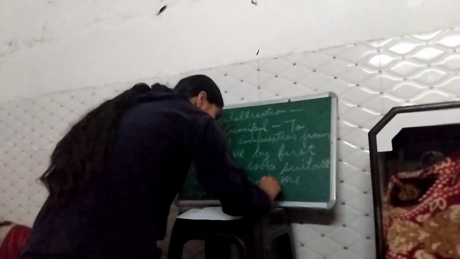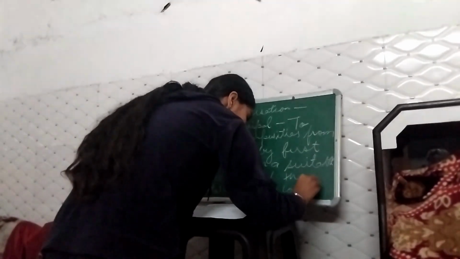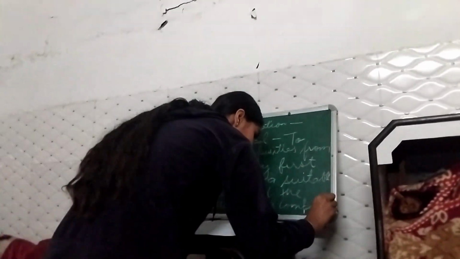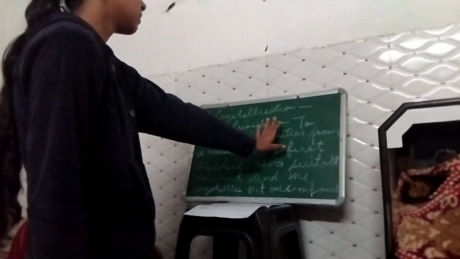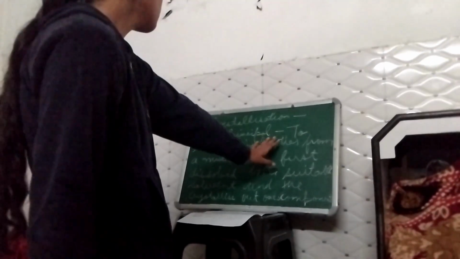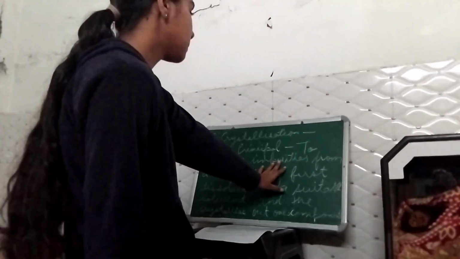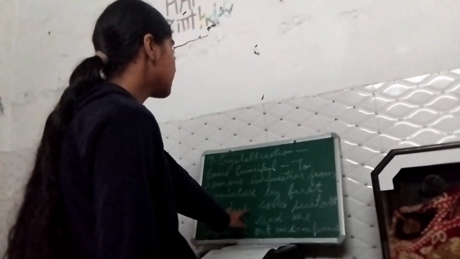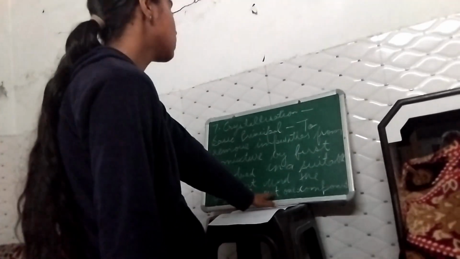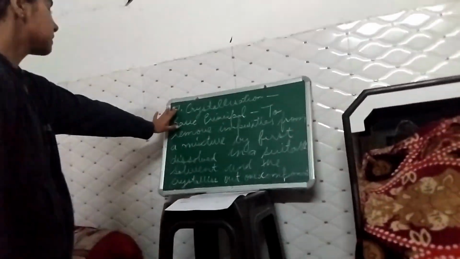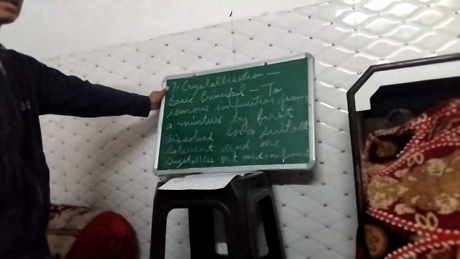So our basic principle is the crystallization of a component. If we remove impurities from the mixture by first dissolving in a suitable solvent and then crystallize out one component, that basic principle comes under crystallization.